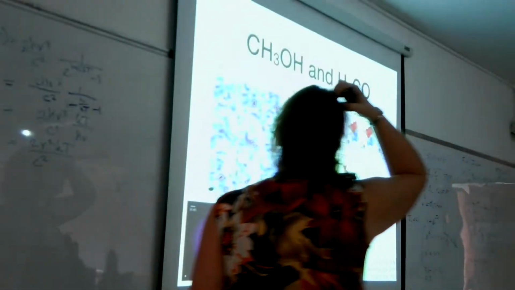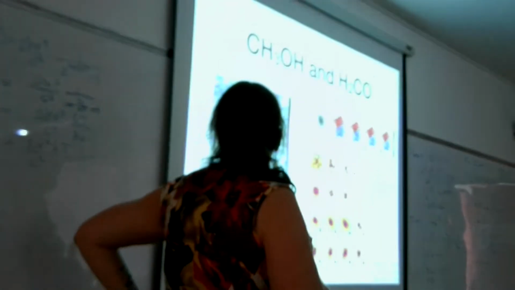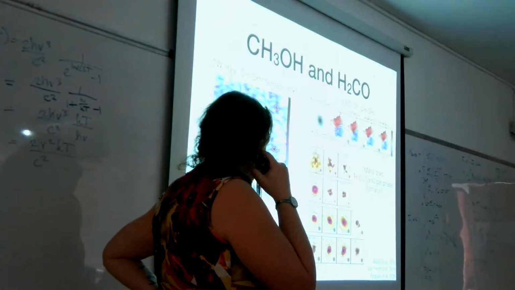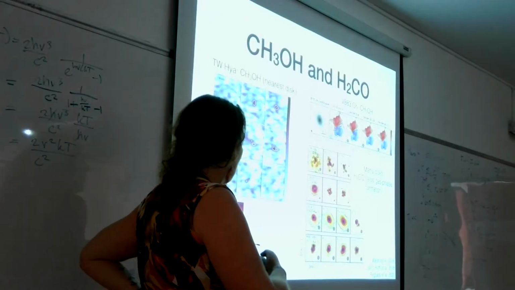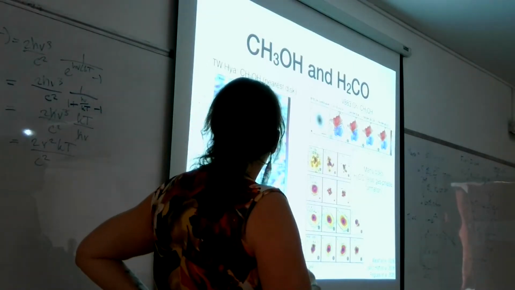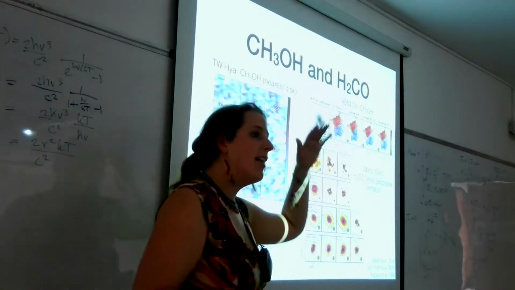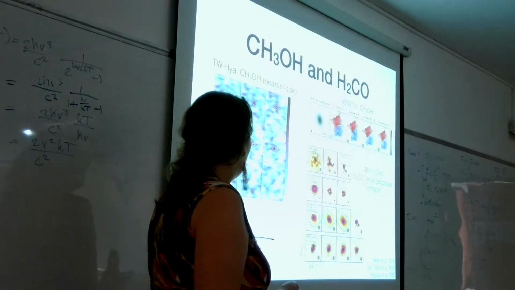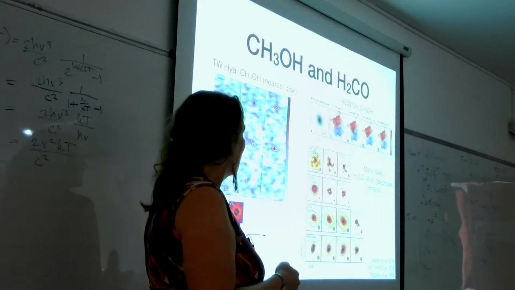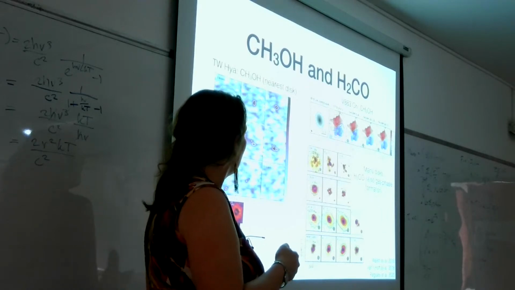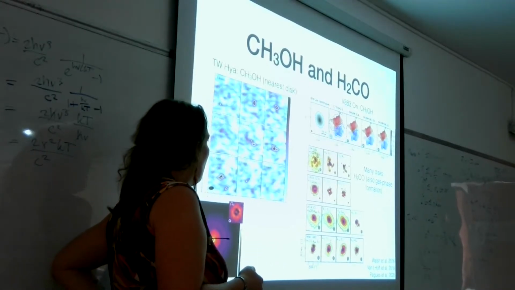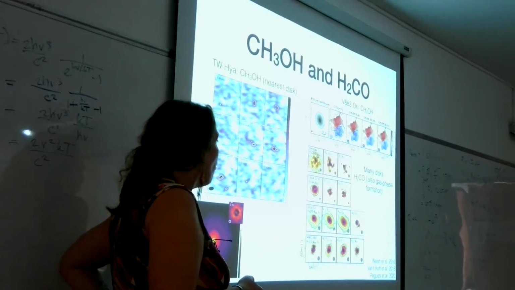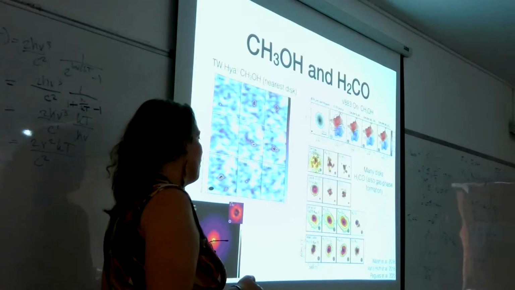So methanol and formaldehyde for a long time were hard to detect in discs. Like TW Hydra had a detection in 2016, finally, but it was very faint, so there was very little methanol present. And in many other discs, in HD 100546 it was present, but in most discs, only formaldehyde was found.